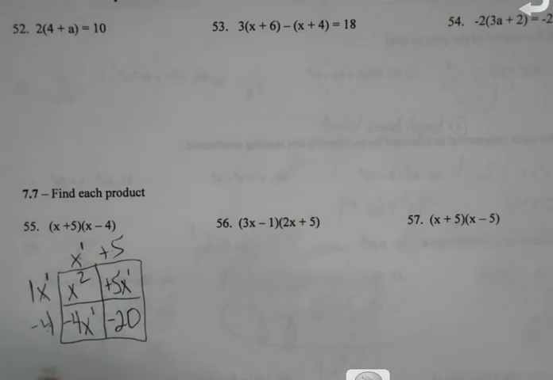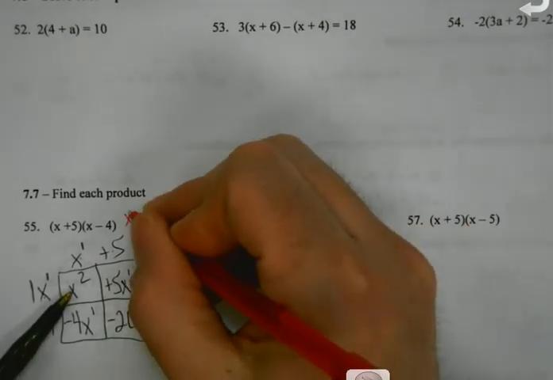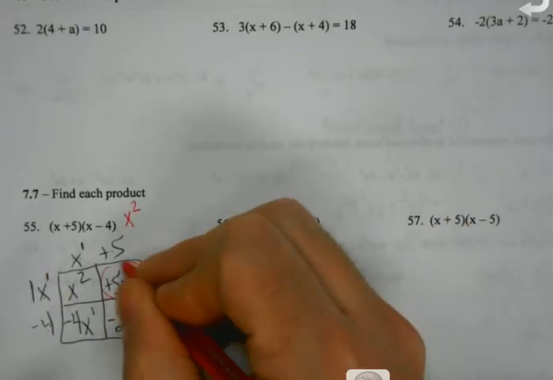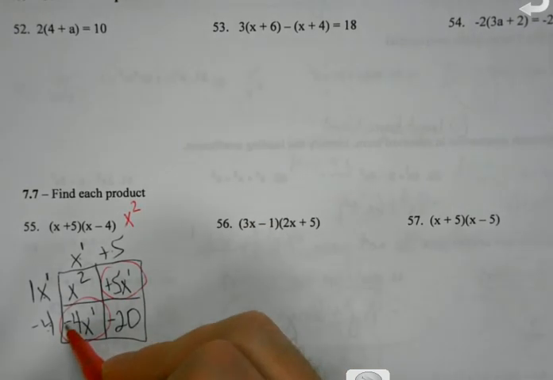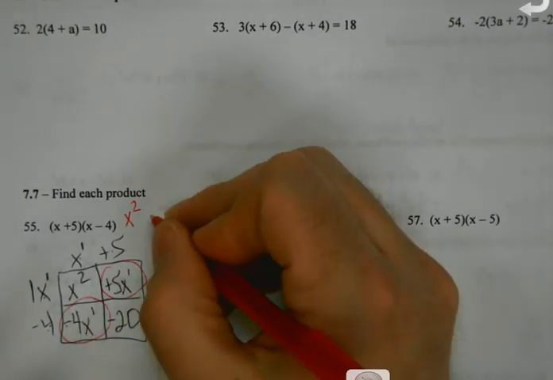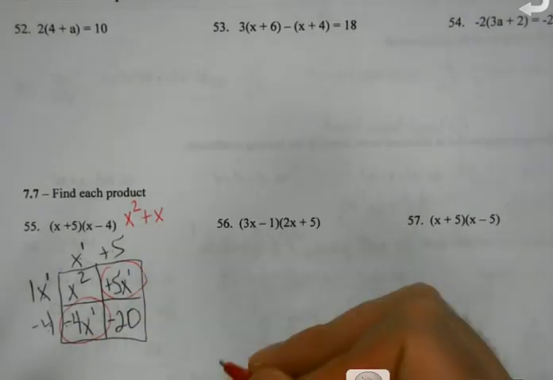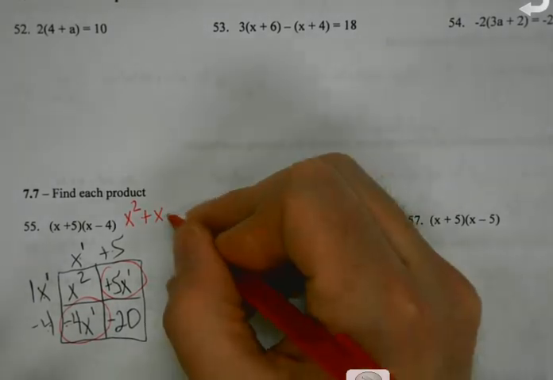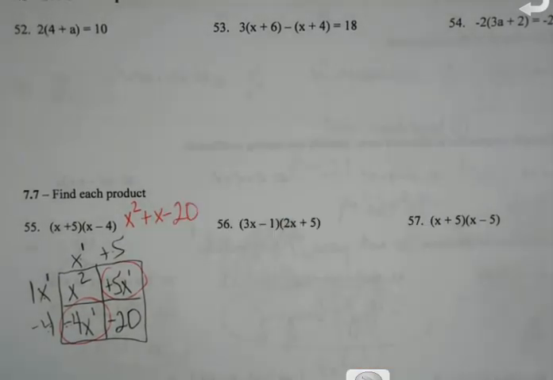And again, if you just start in the upper left-hand corner, I get x squared. My like terms are together. Again, watch the signs. 5 minus 4 is 1. You can put the 1 in front if you want to, but you don't have to. And a -20.